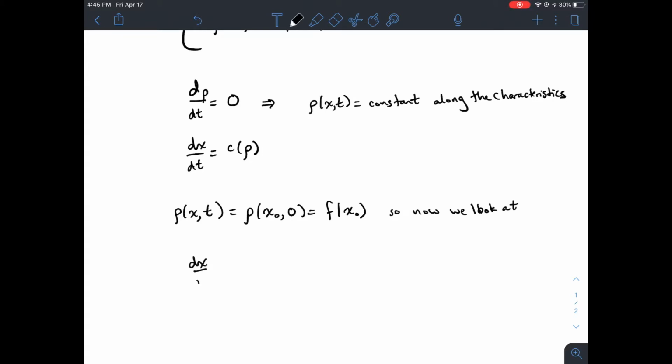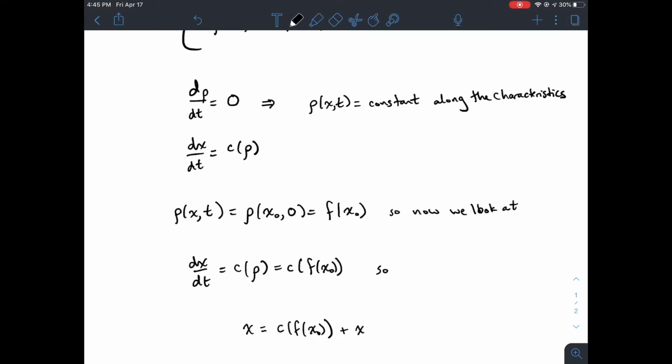Okay, so now let's find the characteristic. Because it's whatever this function is, it's going to be a function of f of x naught, right? But it's dx dt. You're going to get that x is C of f of x naught times t plus x naught, right?